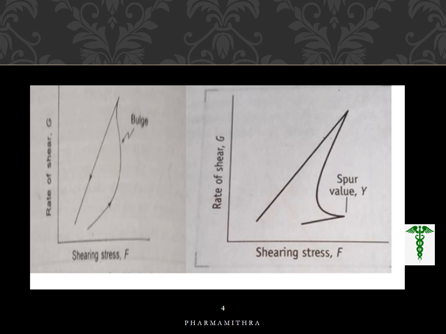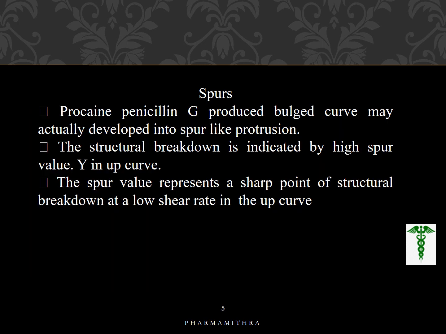Instead of bulging, it will show a protrusion like this, and we get one sharpened point. We call it the spur value Y. This spur-like protrusion happens due to structural breakdown, and we call that spur value Y in the up curve. That spur value represents a sharp point of structural breakdown at a lower shear in the up curve. So this is the spur.